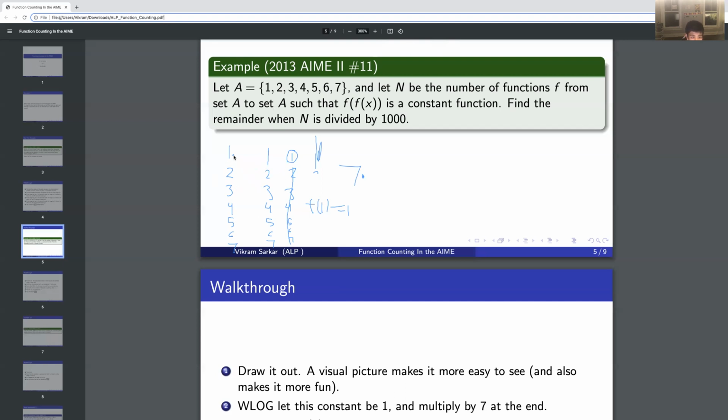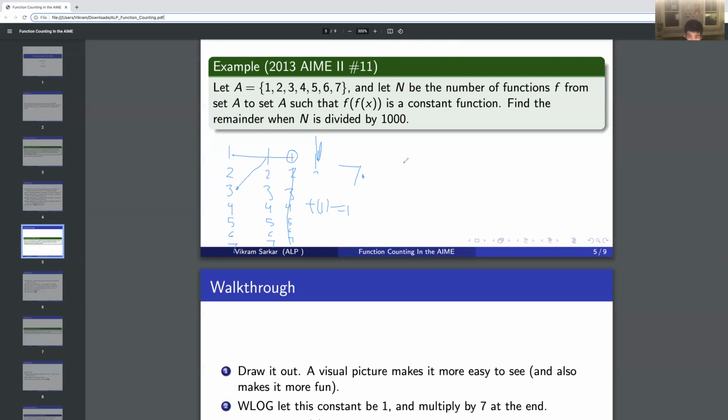Okay. And so f of 1 equals 1. Now we can do casework on the number of things that go to 1 directly. What do I mean by that? Let's say f of 3 equals 1. So then it just goes to 1 directly. That's what I mean.